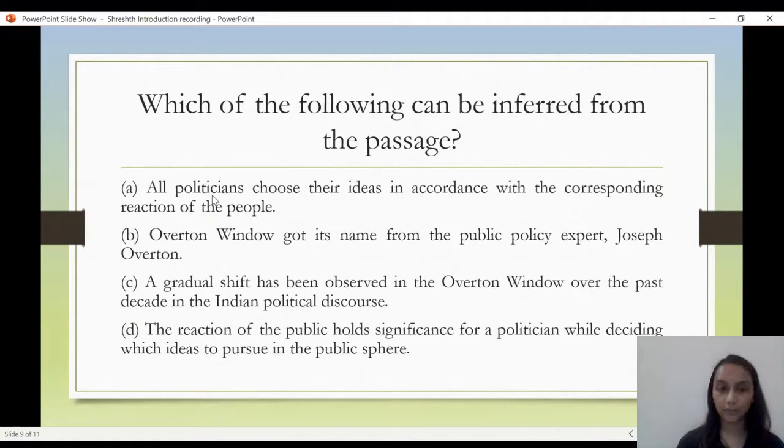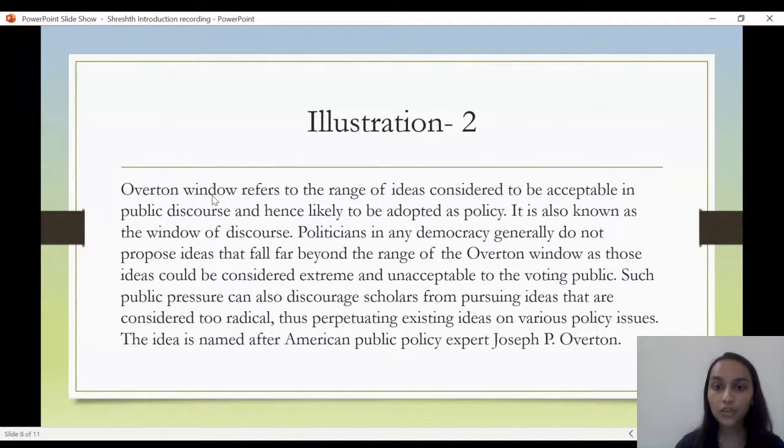Now let's look at the last option. The reaction of the public holds significance for a politician while deciding which ideas to pursue in the public sphere. Now we already know that option D has to be the correct one since the other three have been eliminated. However, let's look at what the passage says about this inference. If you read the second line, it talks about how if something is likely to be considered unacceptable by the voting public, politicians don't tend to pursue those ideas in the public sphere, right?